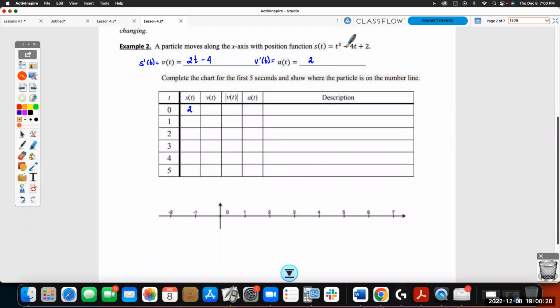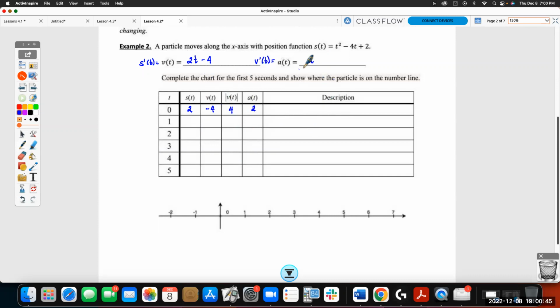At t is equal to 0, the velocity, we plug in 0 to t, is negative 4. The speed, that's the absolute value, is positive 4, and the acceleration is 2. Now let's fill this table first, and then we'll write down the description.